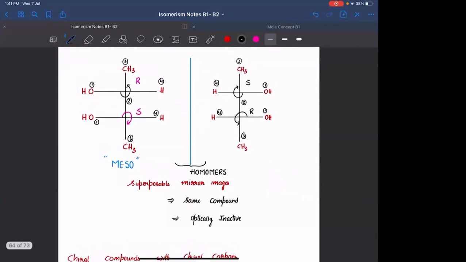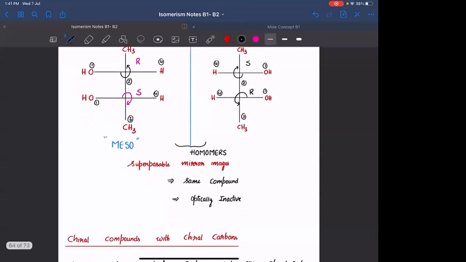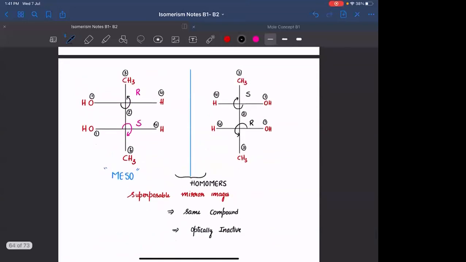Okay. What I'm explaining is, if two molecules are identical, they are called as homomers, okay? इस particular case में you are having RS and the mirror image of it is SR. These two are not two different compounds, they are the same compounds. Why am I saying that they are the same compounds?